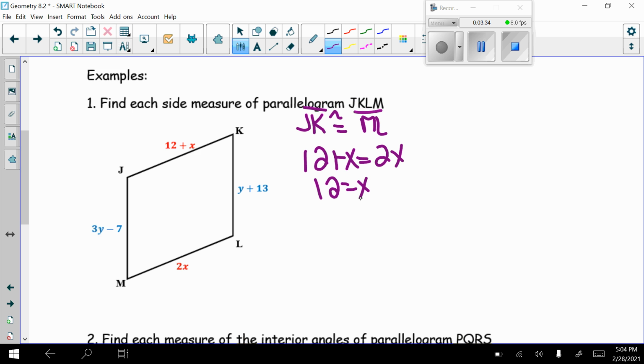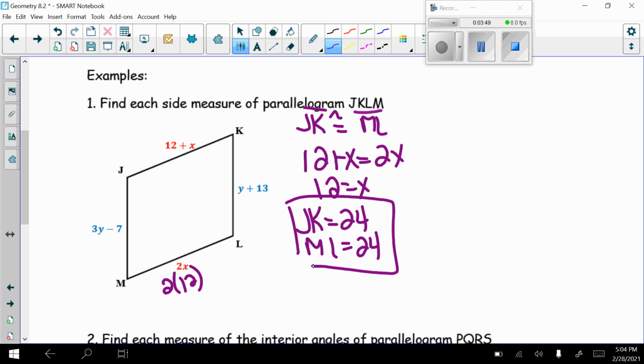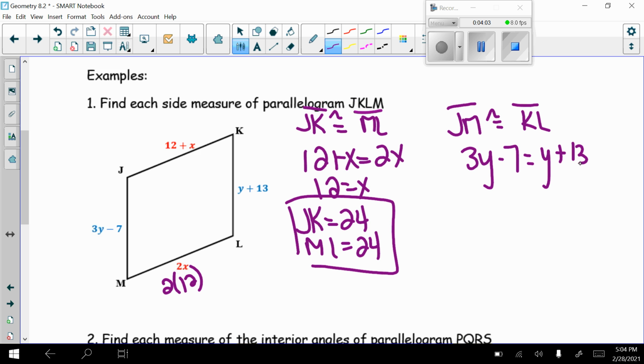But it asked us to find the side measure, so I need to plug that back in. So if I plug it in, 2 times 12, I would get JK equal to 24 and ML equal to 24 because I know that those two are congruent. So those are the first two. And I also know that segment JM is congruent to segment KL, so I can set those equal to each other. So 3y minus 7 equals y plus 13.